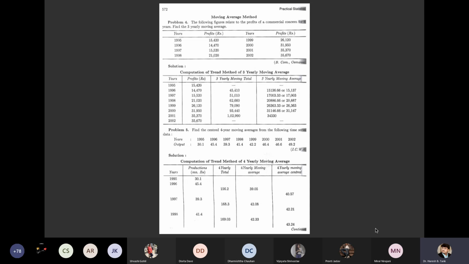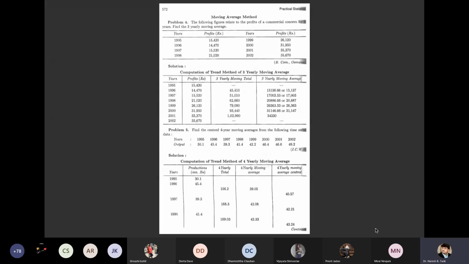The next is 93,440. And the next one is 1,02,990. Now observe that against the first year and against the last year there is no value. So put a dash there. In a column of 3-year moving total, the first entity will always be a dash and the last entity will be a dash.